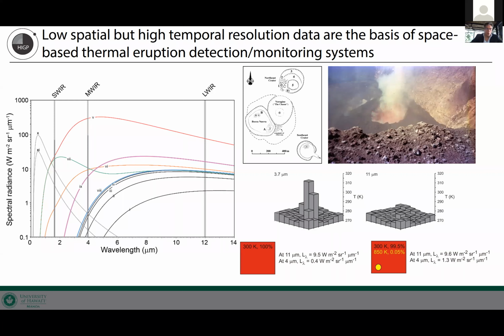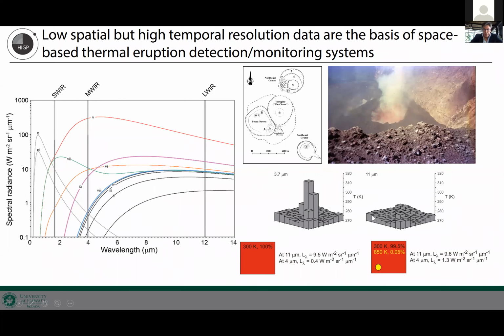Okay, so we'll look at these 2 graphs here. Again, curve 4 is land at this temperature, I don't know, 15 degrees C. So the land surrounding this vent is at 15 degrees C. That would give us the black curve here, curve number 4.